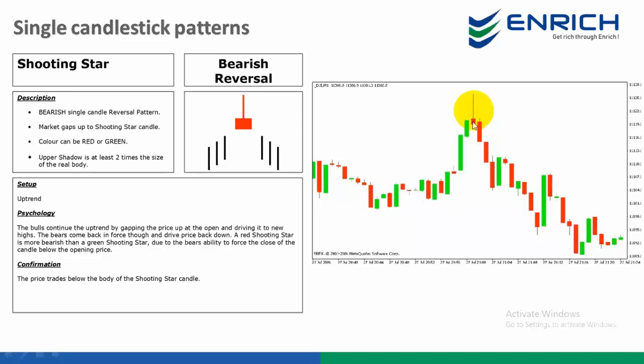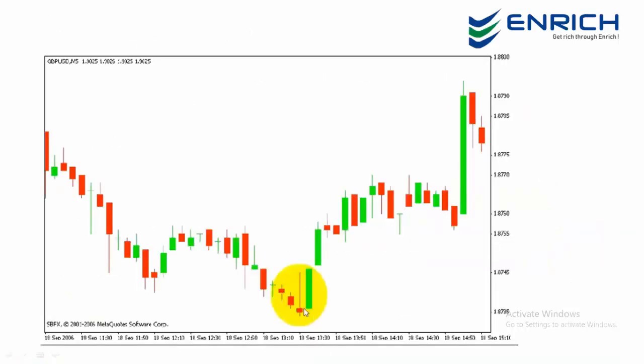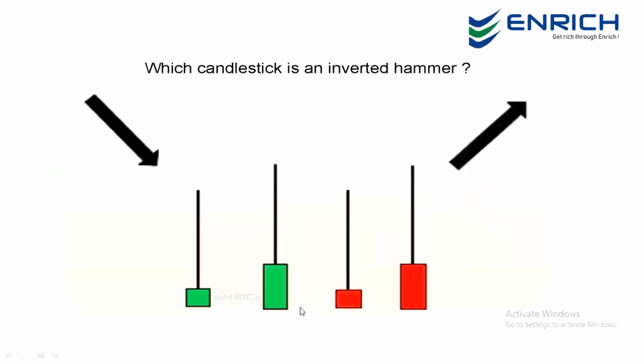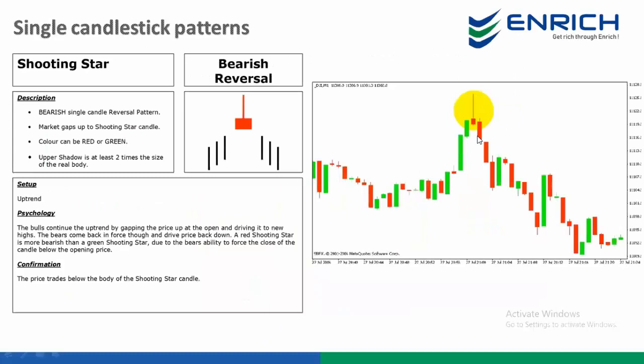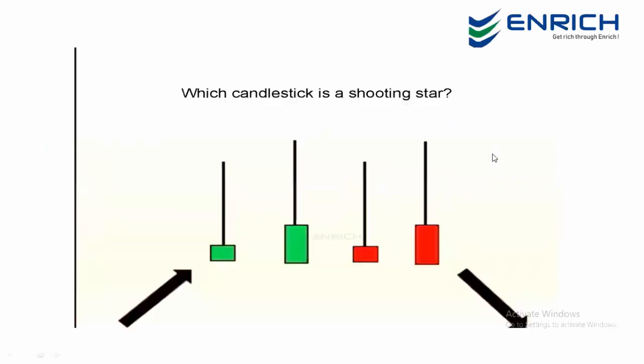If you find an inverted hammer kind of candle after an uptrend, that is a shooting star. But if you find the same kind of candle after a downtrend, that is an inverted hammer. So the point is to note the trend. Where does it appear in the chart? After a downtrend, it's an inverted hammer. After an uptrend, it's a shooting star. So I hope it's clear for you now.